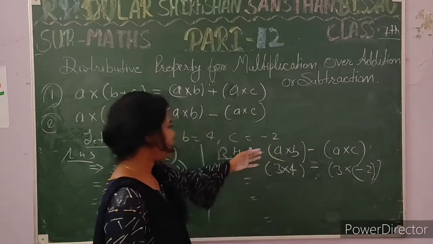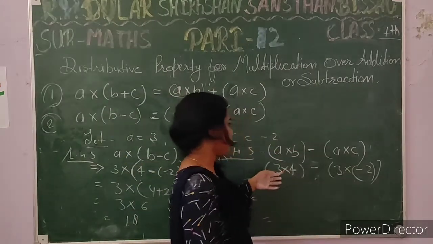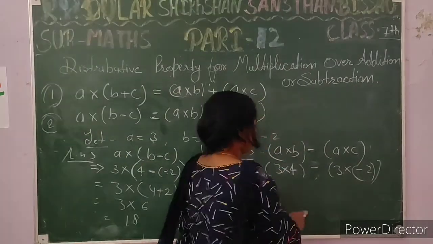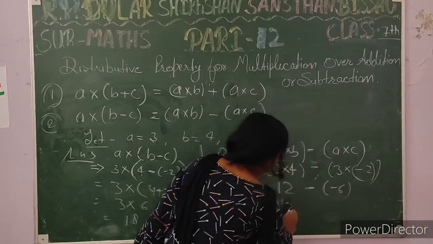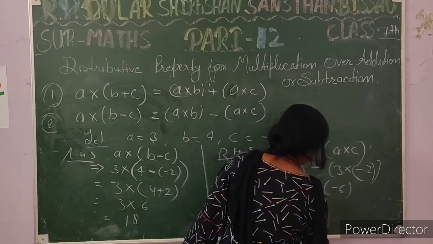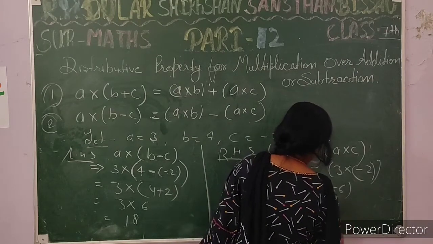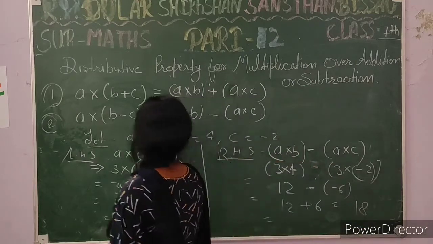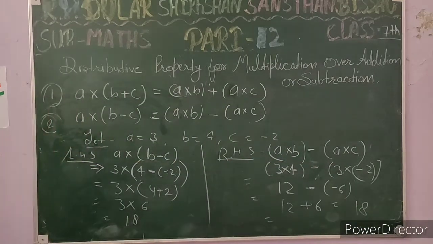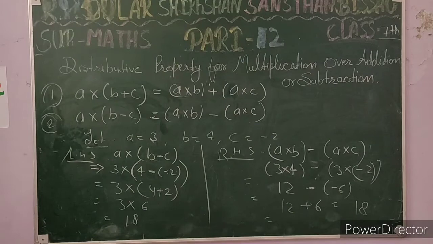On the RHS, A into B minus A into C is 3 into 4 minus 3 into minus 2, which is 12 minus minus 6.